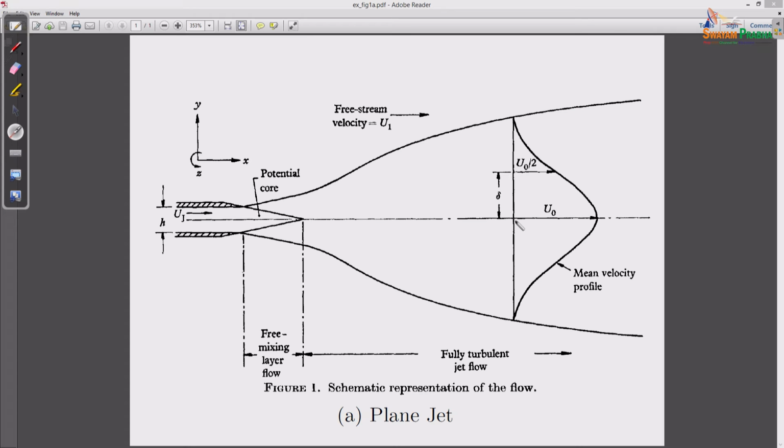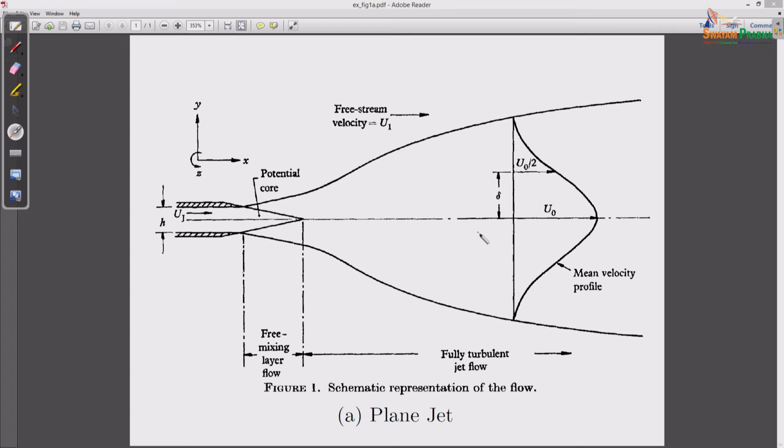Now this is a location delta where U naught is the central line velocity, and this velocity is half of the central line velocity. So this delta essentially represents the jet half width, by definition. At the half width of the jet, the velocity is equal to half of the central line velocity.